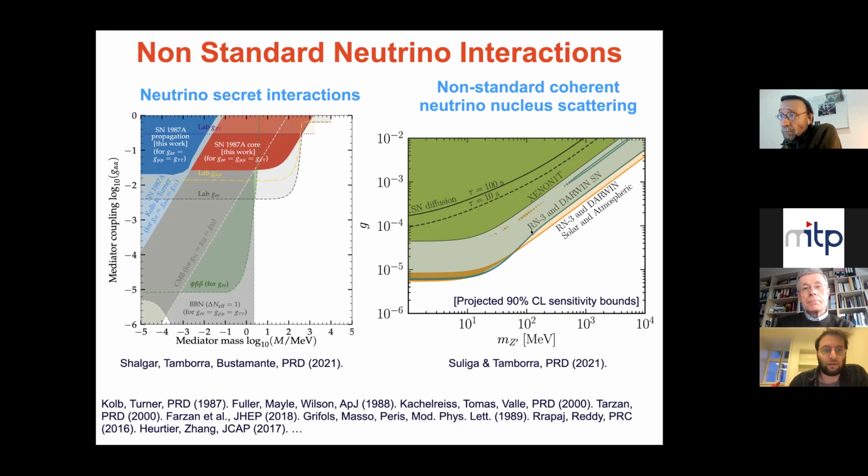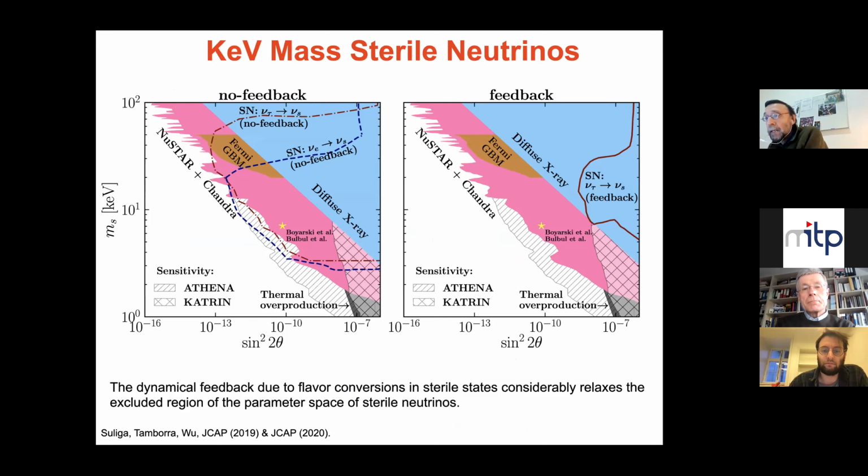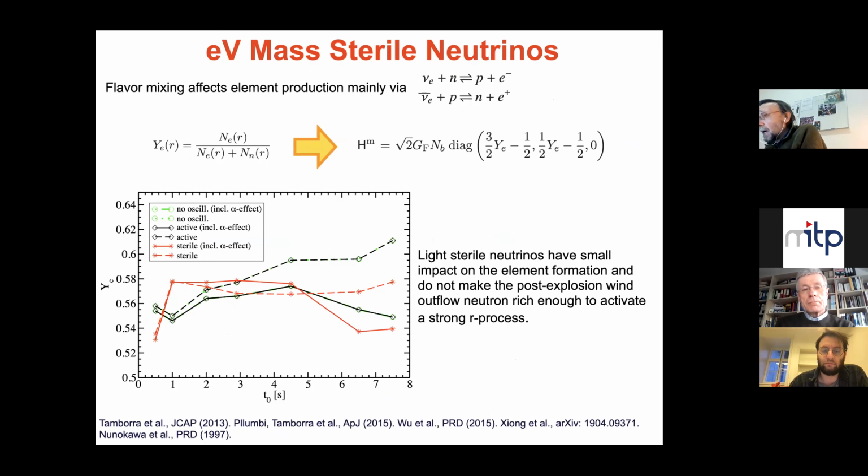There is a question by Oscar. Yes, I have a question related to one of your last slides, when you talk about the attempts to explain r-process production in core collapse supernovae by these electron volt mass sterile neutrinos.